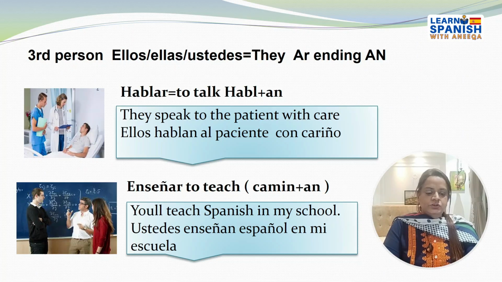Kindly please conjugate them in all the pronouns and let me know how much you have understood the concept. If you still cannot understand, I will do a better explanation in my next video, which is for AR and IR verbs. Kindly please be attentive and please do join the next video to understand the regular verbs in a much better way.